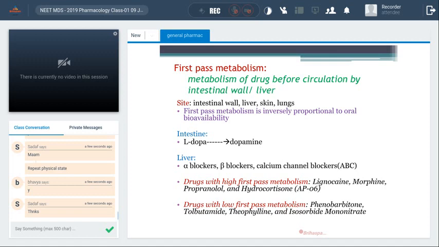So, if I ask you the question, now tell me what is the relationship between first pass metabolism and bioavailability? It would be inversely proportional. So, more first pass metabolism, less drug is entering the circulation, less bioavailability. Less first pass metabolism, more drug entering circulation, more bioavailability. Fine. Is the concept of bioavailability understood?